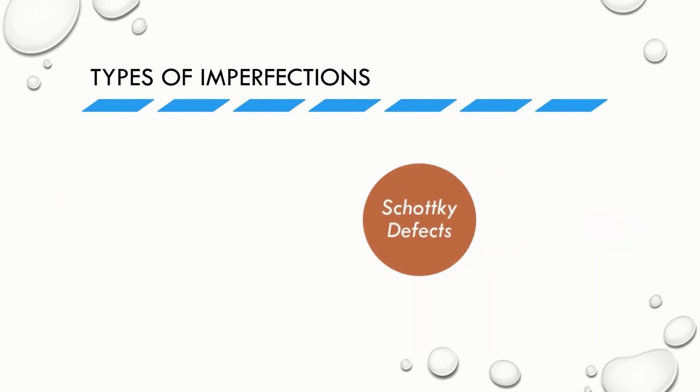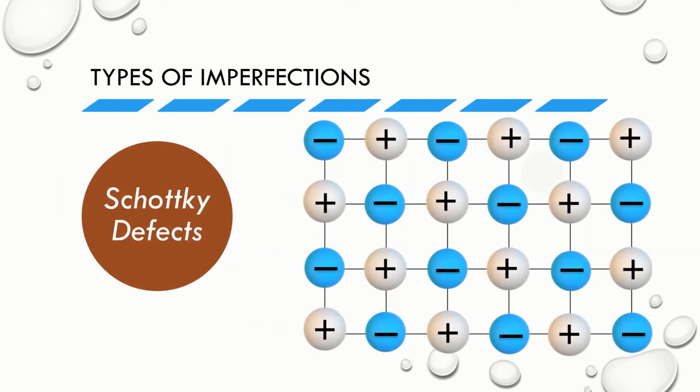remains unchanged. Now, in Schottky defect, if in an ionic crystal equal numbers of cations and anions are missing from their lattice sites so that the electrical neutrality is maintained, this is called Schottky defect.